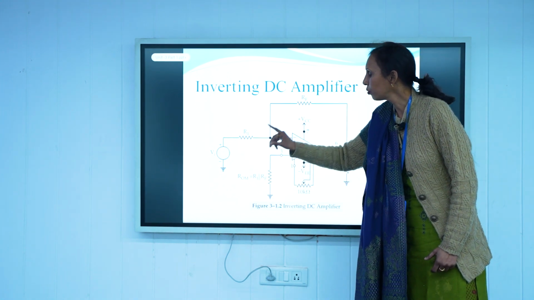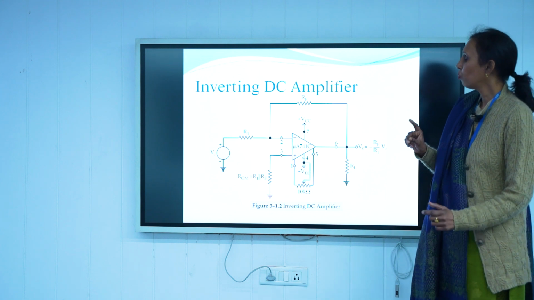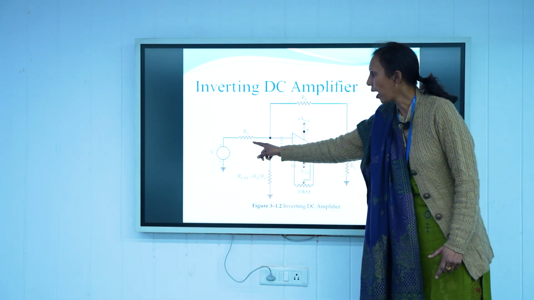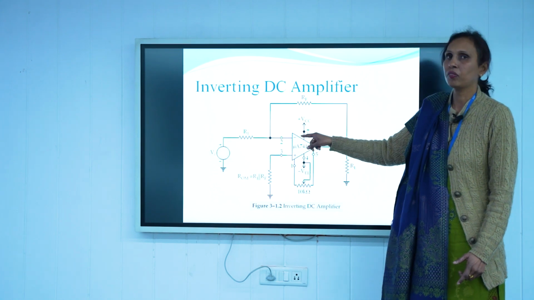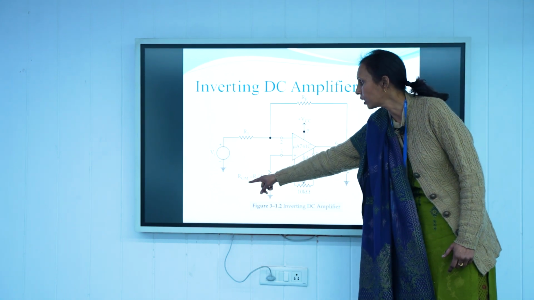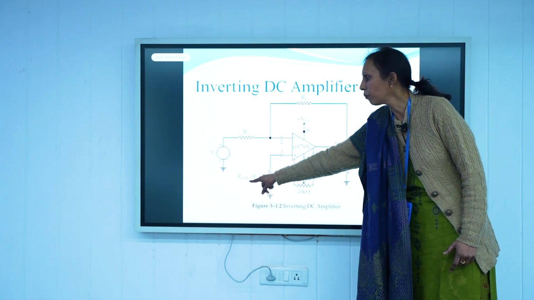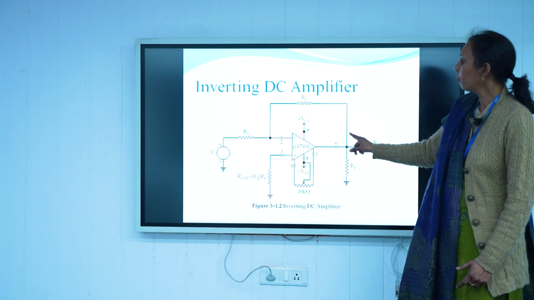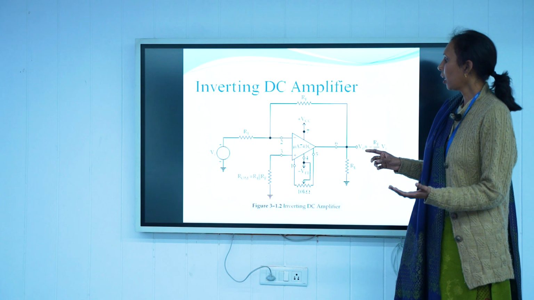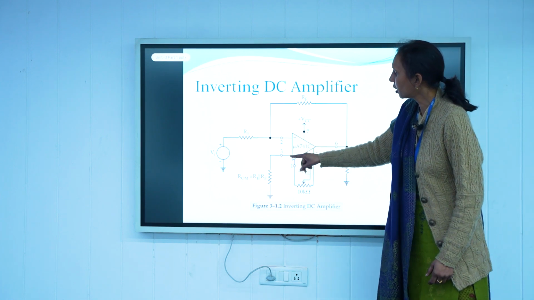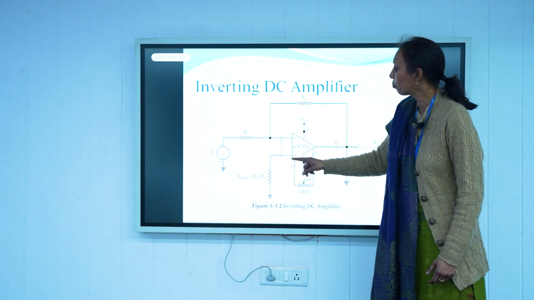And what is the purpose of using the offset minimizing resistor? We take a parallel combination again at the other terminal so that we will be able to nullify the output. So there are two considerations which can be used to nullify the output.